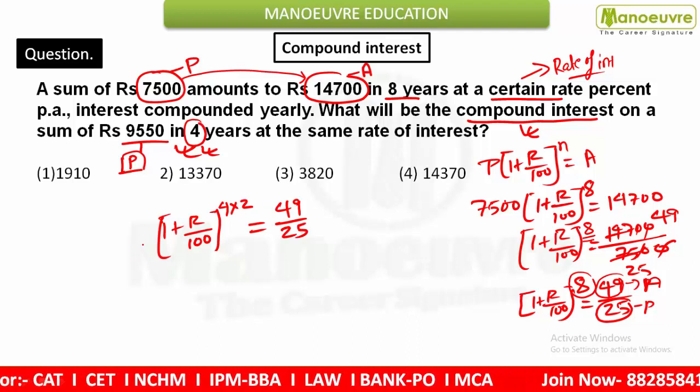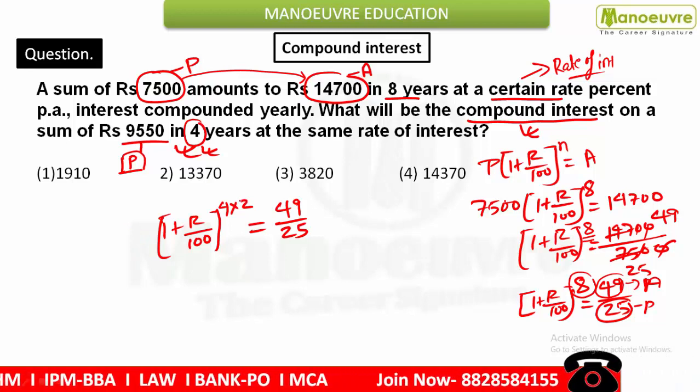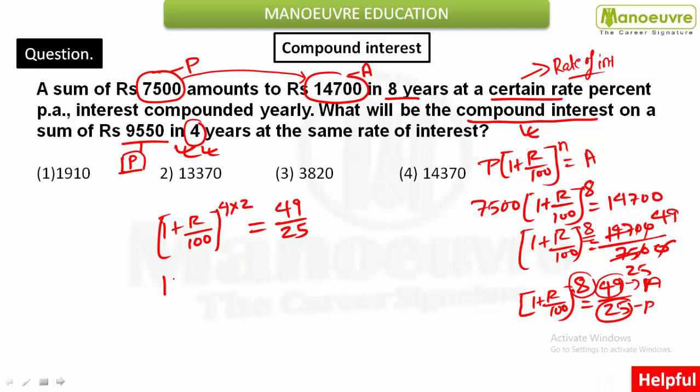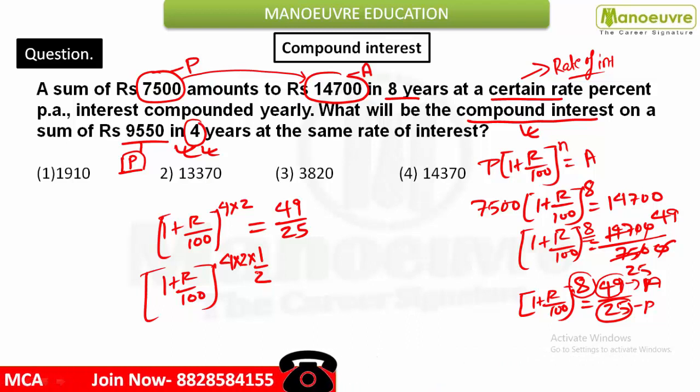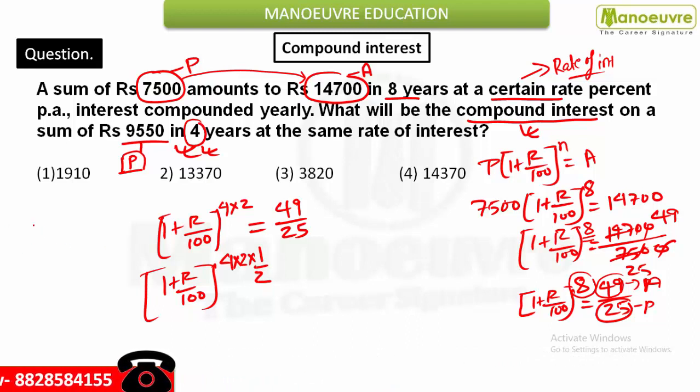So I will take the square root on both sides. Basically what I am doing is 1 plus r upon 100 to the power 4 into 2 into 1 by 2. Okay, so square root is nothing but a power of 1 by 2. Means root 2, you can write as 2 to the power 1 by 2.